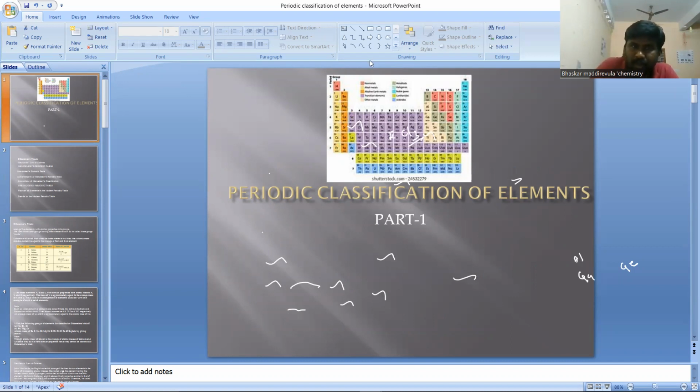These are gallium and these are germanium. They belong to the fourth period, and to the 13th and 14th group. Sometimes they will ask questions by comparing with the modern periodic table, so we should be thorough with the modern periodic table also.